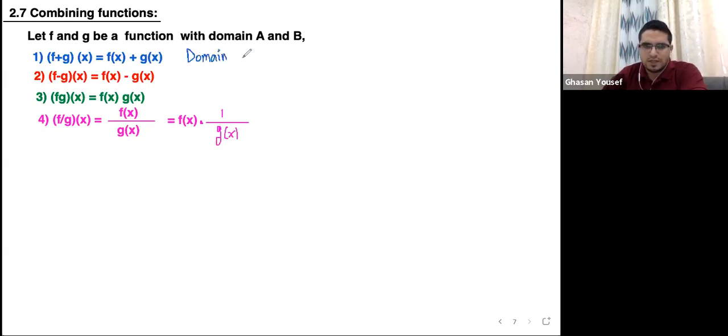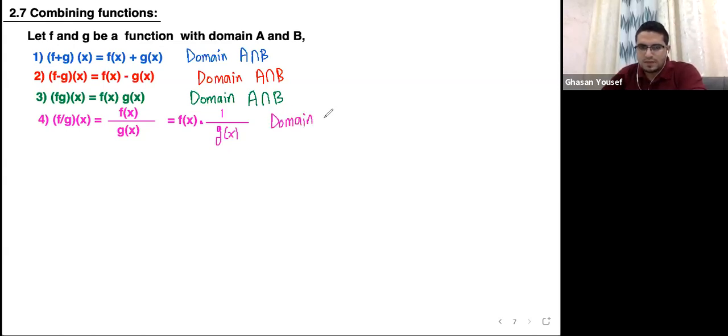The domain of the first function is the intersection A intersect B. The domain for the second function is the same, A intersect B. The domain for the third function is the domain of the function f intersect the domain of the function g, which is B. For the last one, the quotient, x belongs to A intersect B, but we have to remove the zeros of the function g of x, so g of x not equal to 0.